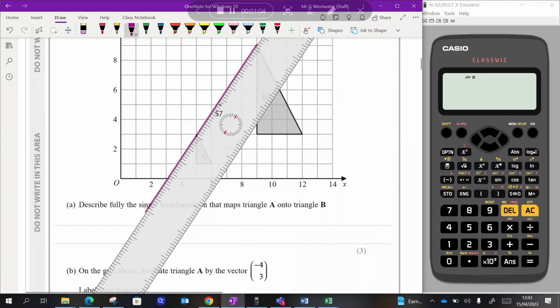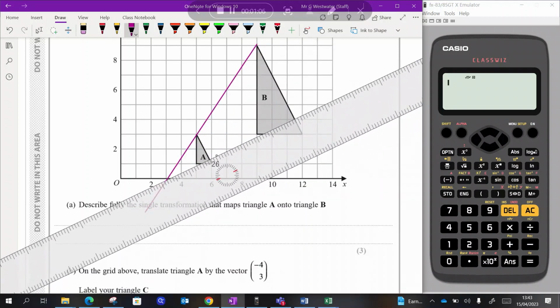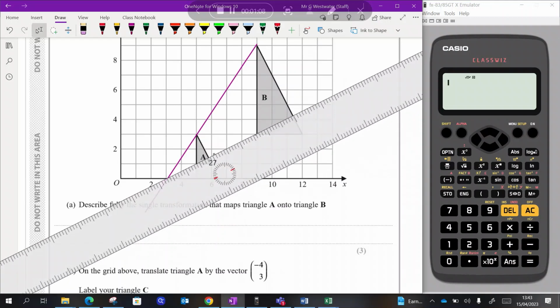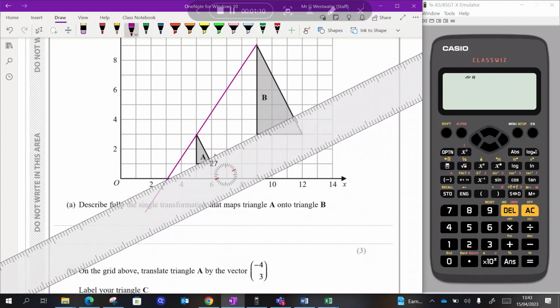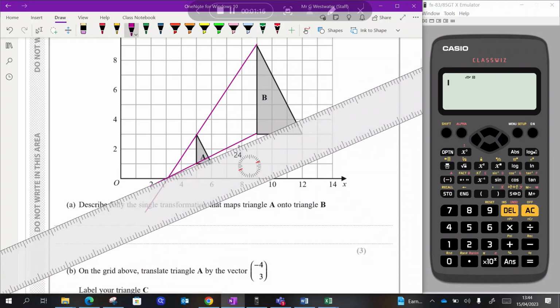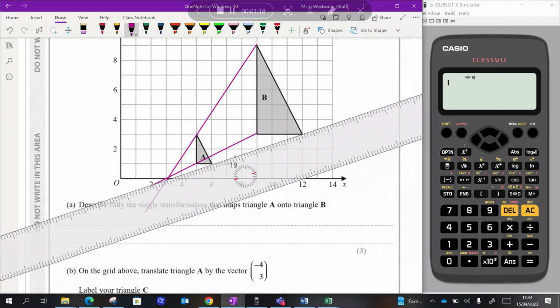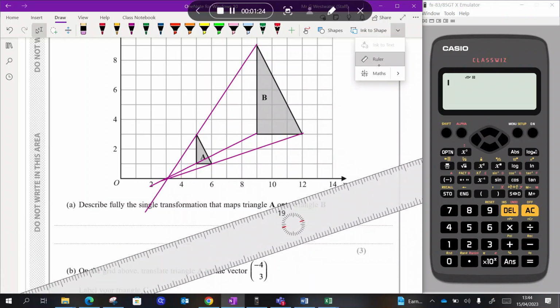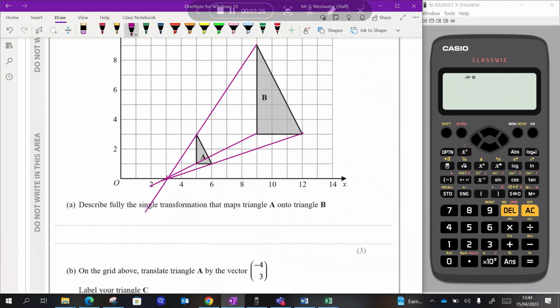If I do this for all of the vertices, let's just drop that down a tad more. Right, there we are. This is the bottom left corner as well. We can see that they're all going to pass through the exact same point here. Let's get rid of that ruler now. At 3, 0. So this is an enlargement.